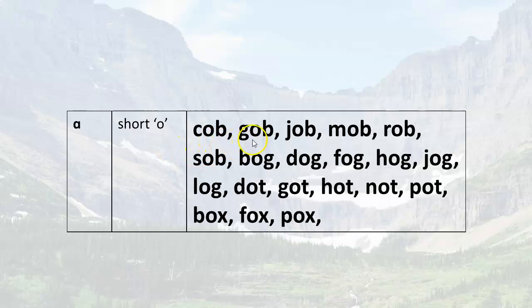Cob, gob, job, mob, rob, sob, bog, dog, fog, hog, jog, log, dot, got, hut, not, pot, box, fox, pox. Listen to this part of the video and repeat it several times, and you will improve your pronunciation of the short O.